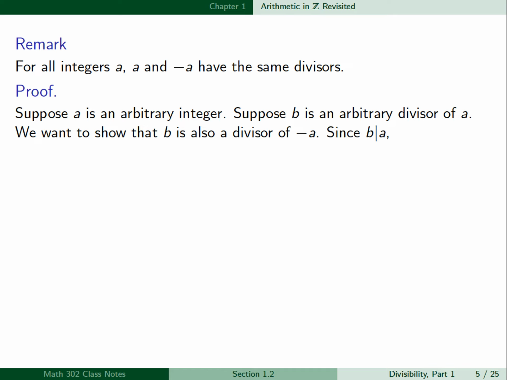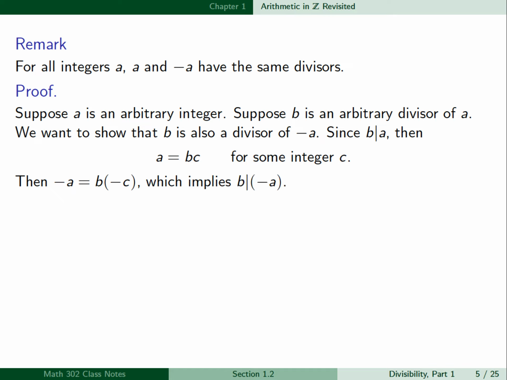Since b divides a, then a is equal to bc for some integer c. Then minus a is equal to b times minus c, which implies that b divides minus a. Therefore, every divisor of a is also a divisor of minus a.